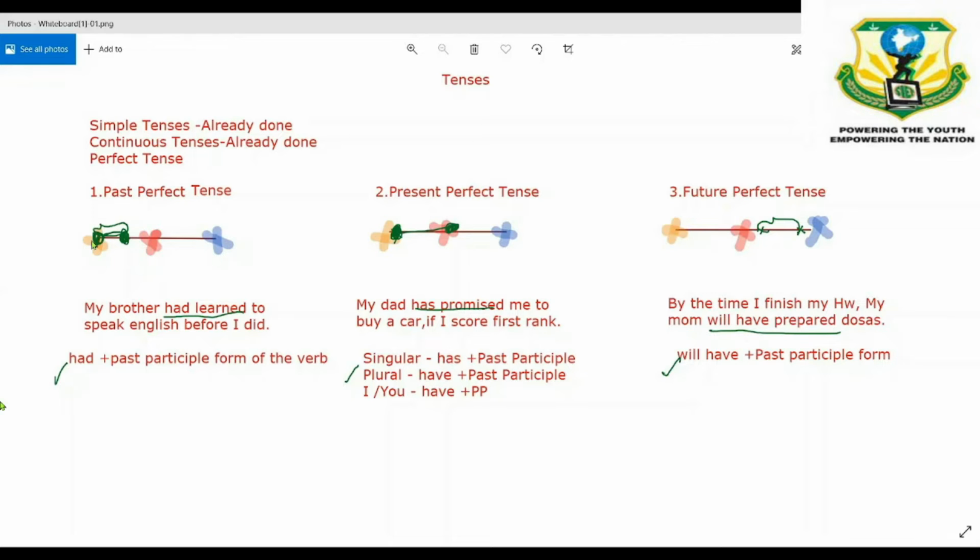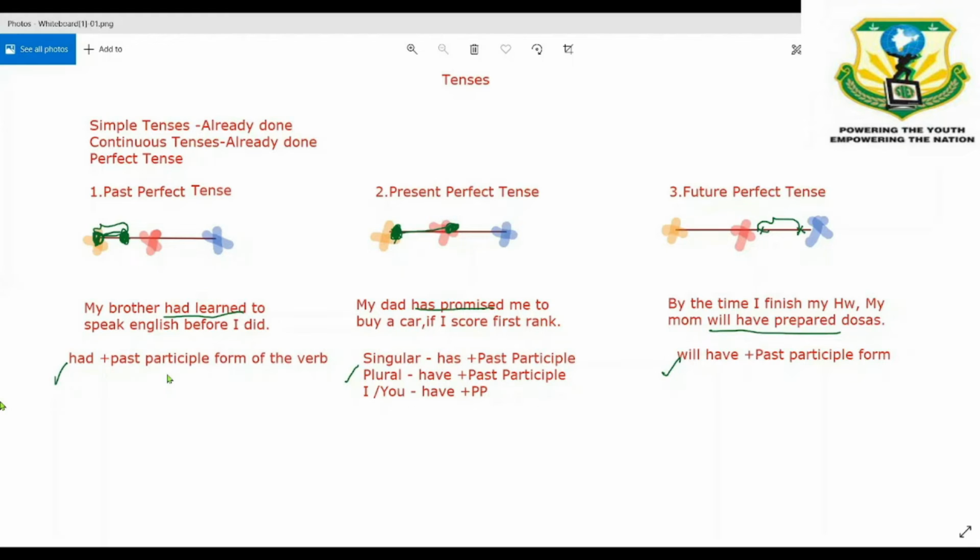So the main thing you have to remember about past perfect tense is that it will always have the formula had plus past participle form of the verb. This past participle form of the verb we discussed in this class today. You have to know the past form of the verbs. You will have to know the past participle form of all the regular and irregular verbs.